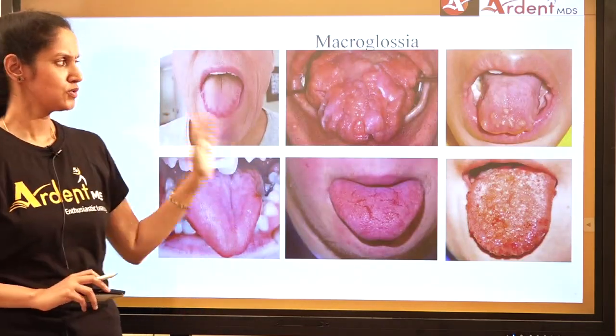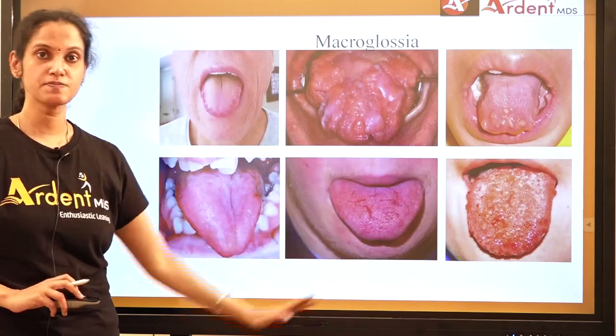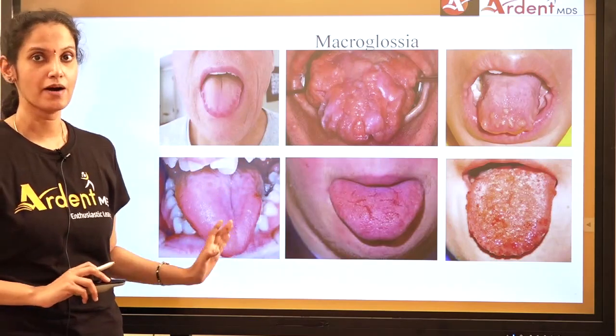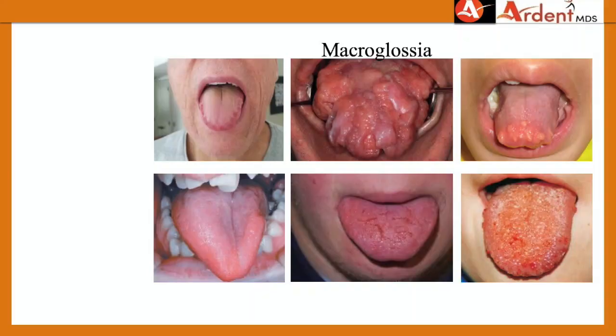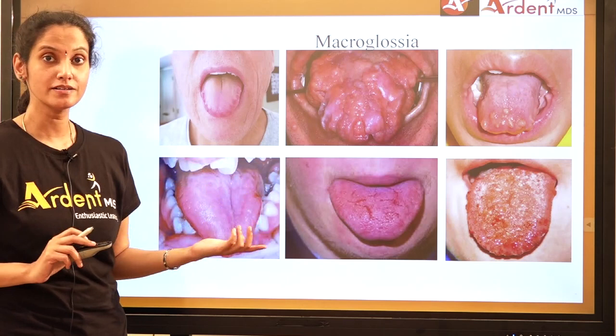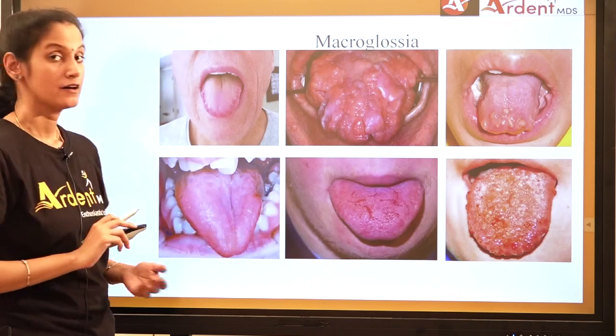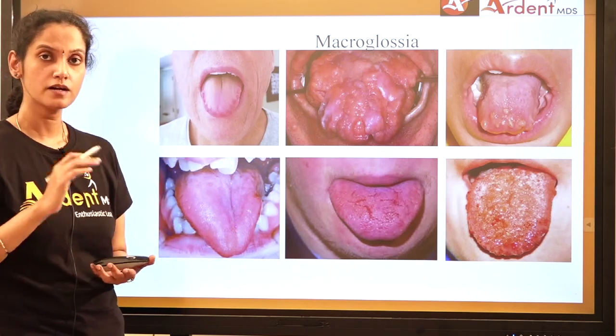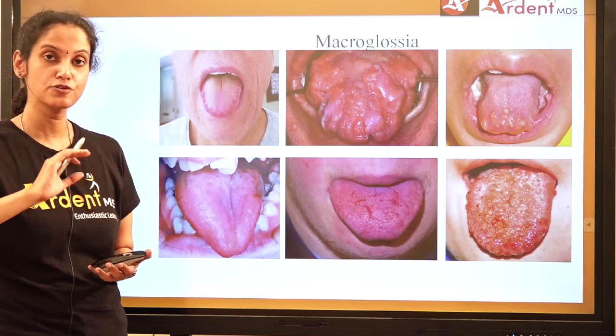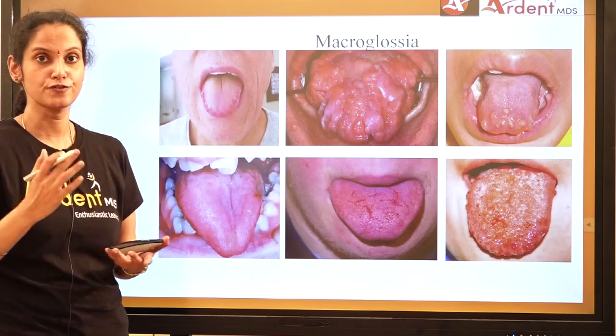I am very sure you will be able to identify all these pictures as macroglossia. But remember, macroglossia is not a disease entirely by itself. It is a condition which is found in many other diseases. For example, not always is the tongue uniformly large with a smooth diffuse enlargement.